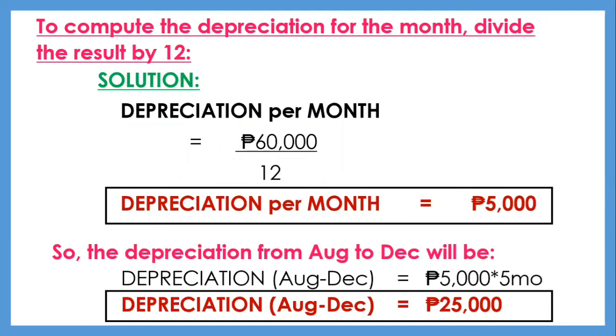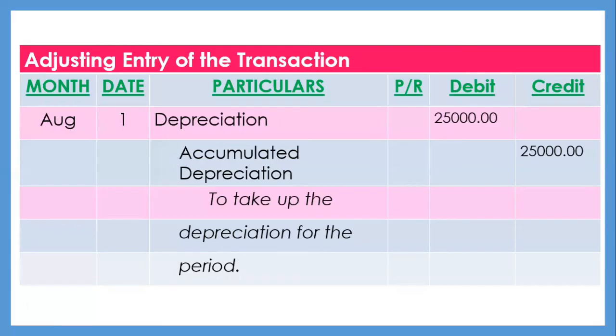Depreciation per month now becomes 5,000 pesos. So the depreciation from August to December will be 5,000 pesos multiplied by 5 months, which amounts to 25,000 pesos. So how do we do the journalizing of this?